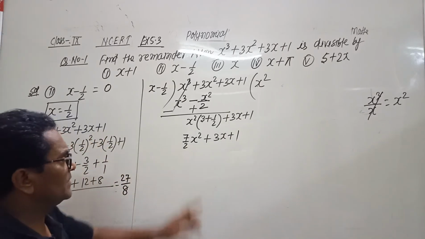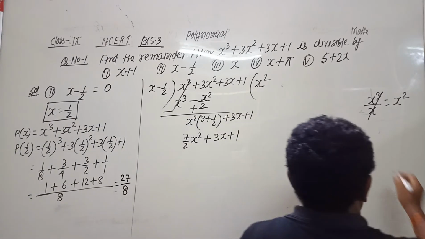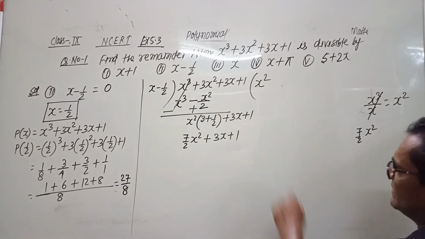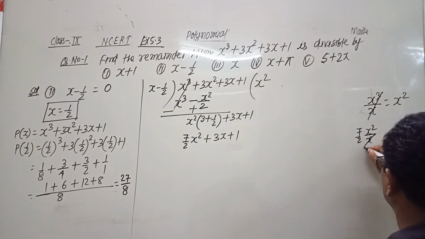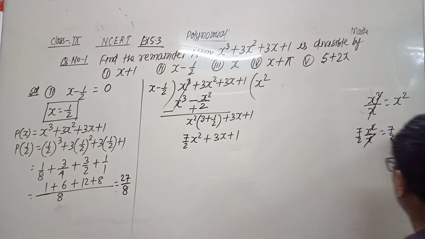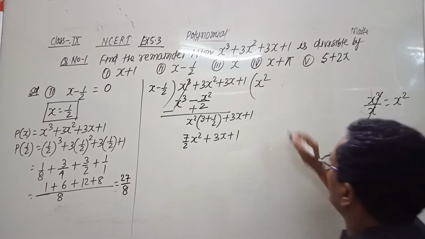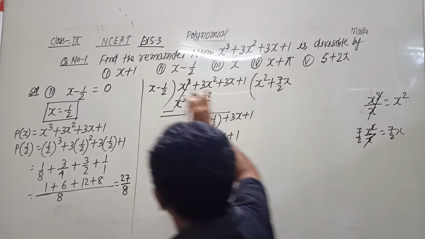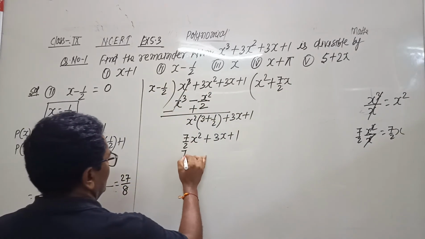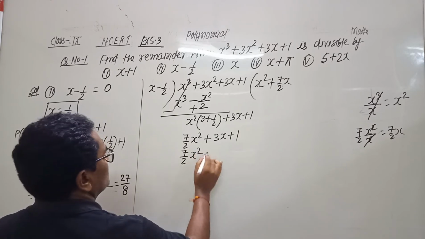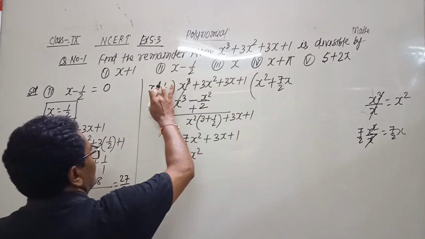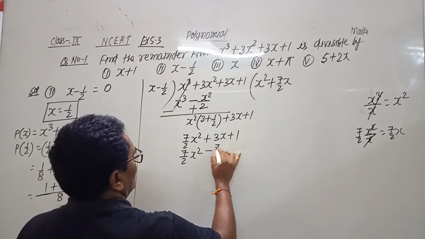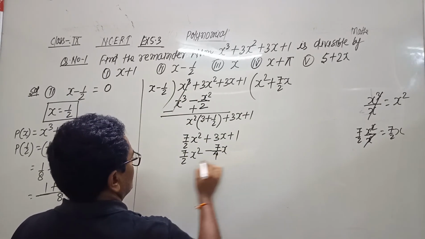Now the first term of the dividend is 7 by 2x square and the first term of the divisor is x. So it comes 7 by 2x. Means here we have to write 7 by 2x. So 7 by 2x multiplied by x, we get 7 by 2x square, and 7 by 2 into 1 by 2, 7 by 4x.